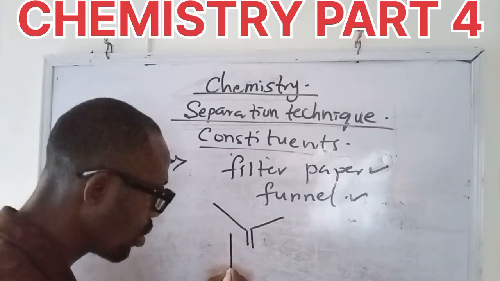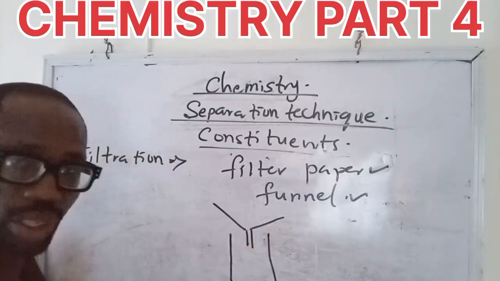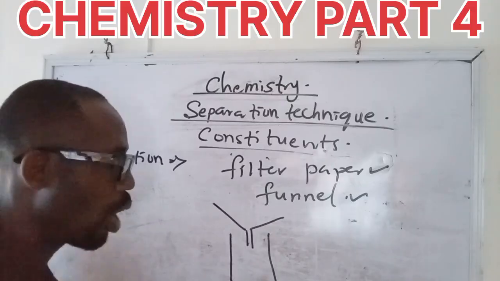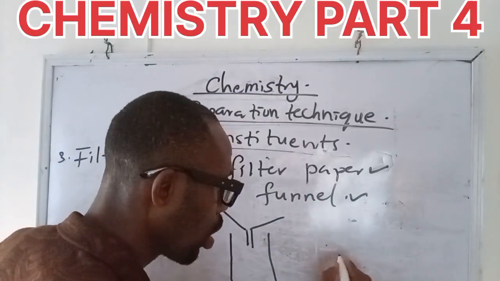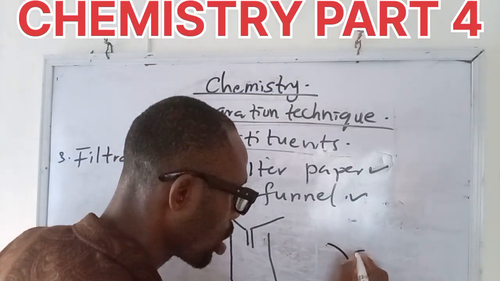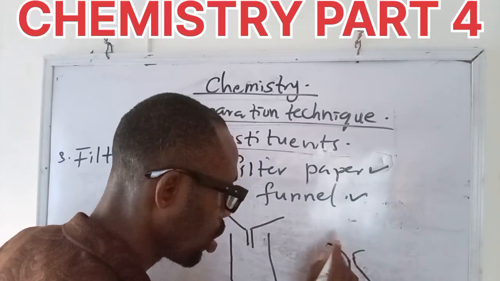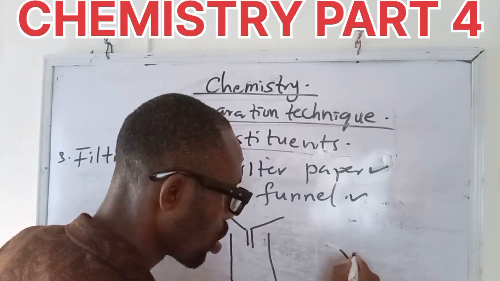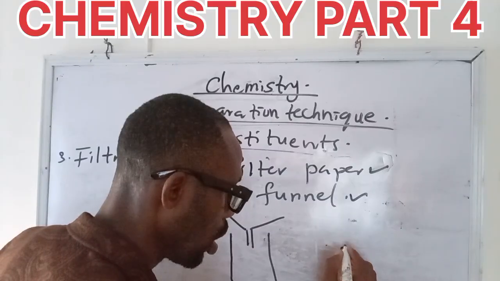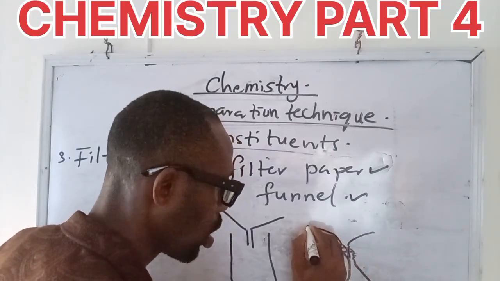Then you have this. It could be a beaker, or it could be a conical flask. Then you have the funnel here. Have you seen it now?